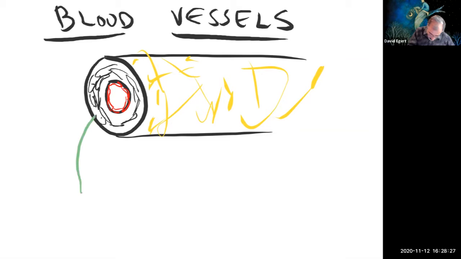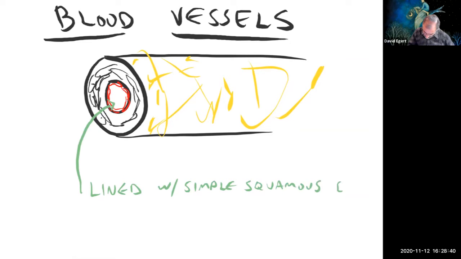Blood vessels are always lined with simple squamous epithelium. It gets the name endothelium, is its fancy name.